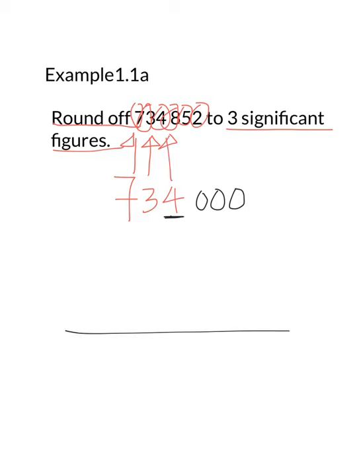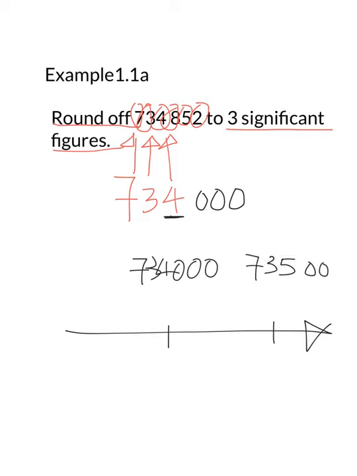On the number line, 734,000 is here. The next number next to it should be 735,000, as we are using 3 significant figures. And the number before that should be 733,000.